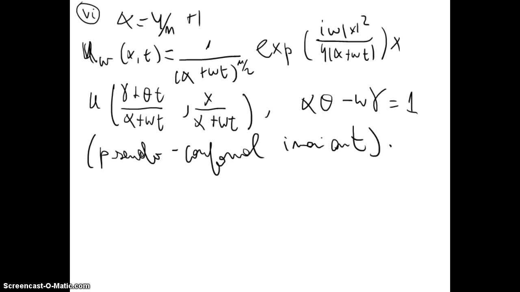Okay, so having all these types of solution, one can have a multi-parametric family of solutions. It's called R that depends on b, omega, theta, x naught.